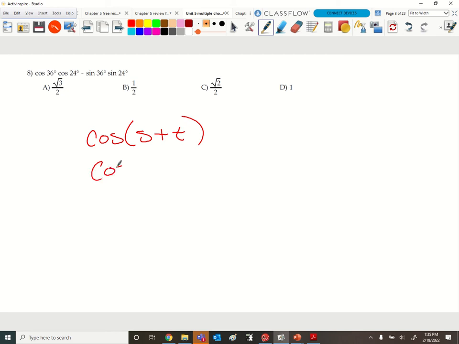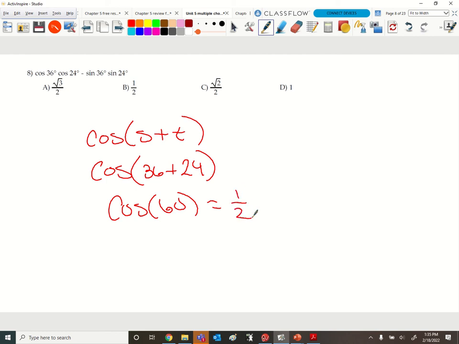So this is cosine of s, which is 36, plus t, which is 24. Add them, I get cosine of 60. And we know 60 is a value on my unit circle. So cosine 60 is 1/2.